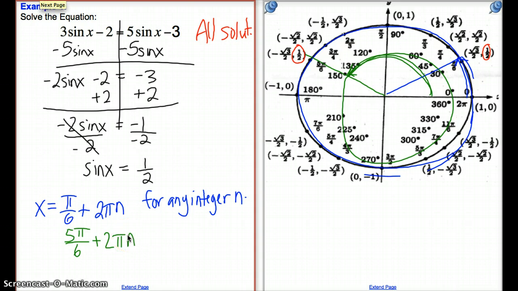Because I could go any full circle past 5 pi over 6, or I could go to 5 pi over 6 and go backwards 2 circles, and I would still have a sine of 1/2. So my solution set is these two expressions that describe the possible values of x. And this is, of course, for any integer n for both these two. So that's how we describe solutions.